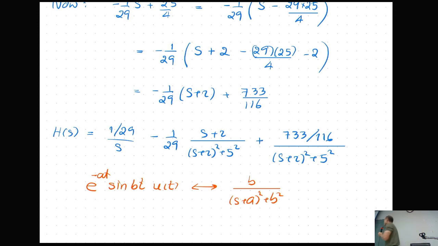So we see the resemblance between the last term here and the Laplace transform of sine. But I have to make the numerator equal to 5, because this is 5 squared. So I have to multiply it by 5 and divide by 5 at the numerator.